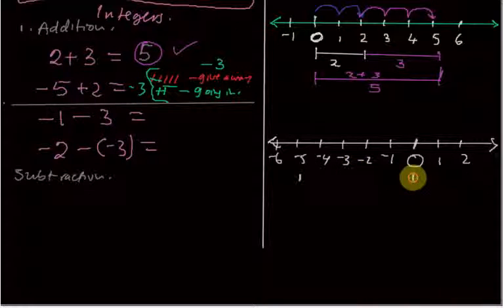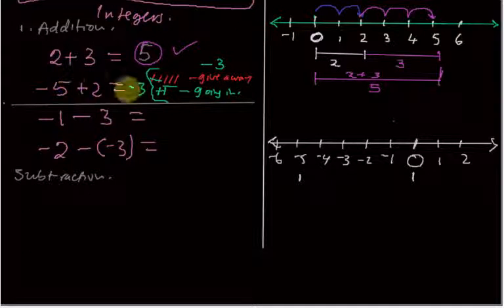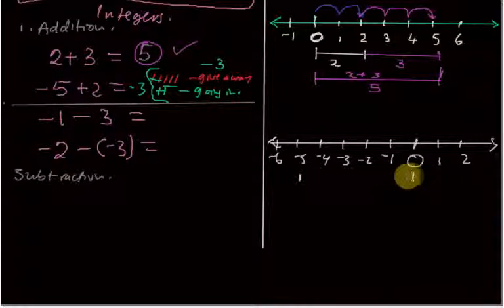I'm going to use red because that is negative. So this is -5.